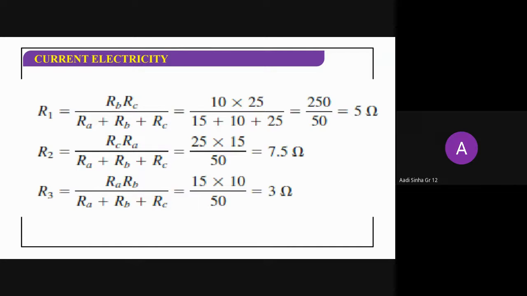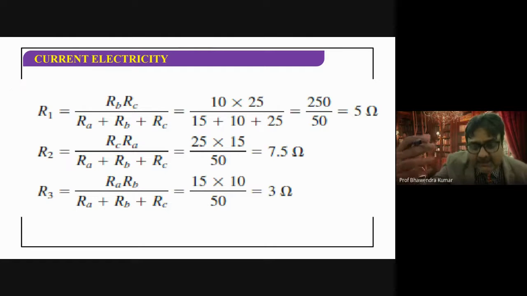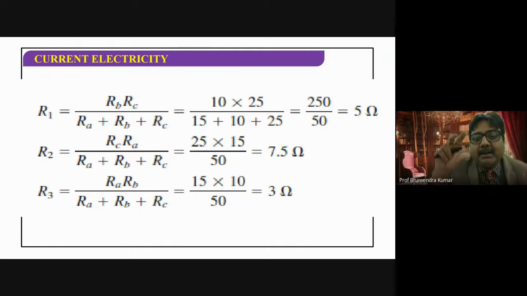Sir, do we need to know the reason or the derivation for this? No. I'm saying that sometimes when we are trying to find the net resistance, we find the resistances connected in series and parallel. We go straight away and get the answer, right? But sometimes inside the circuit, there are stars or deltas which do not allow us to apply the series and parallel formula.